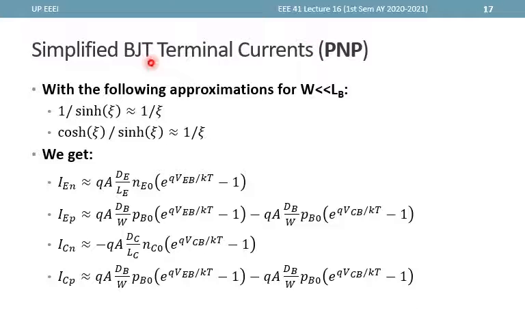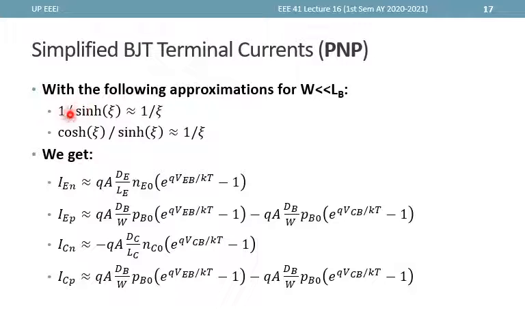Now we look at how this simplification that W is much less than LB affects our current components. So we'll use these simplifications. A while ago we used hyperbolic sine with something very small to approach that very small value.